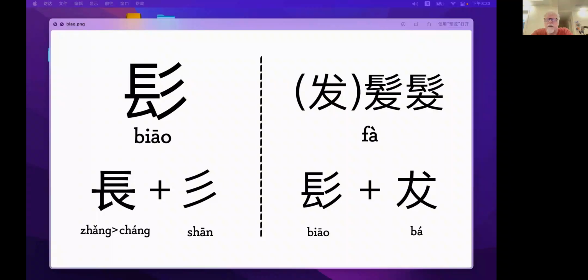One variant has a ba on the bottom that has a dot, and the other variant has a you, which means friend, 朋友的友.